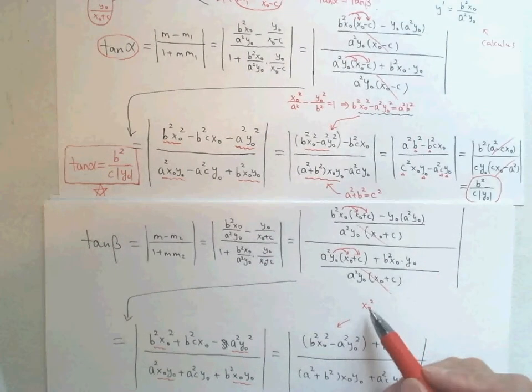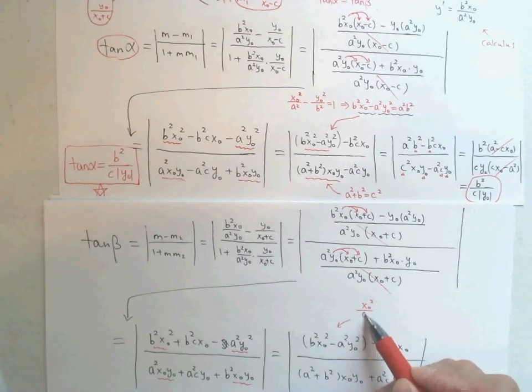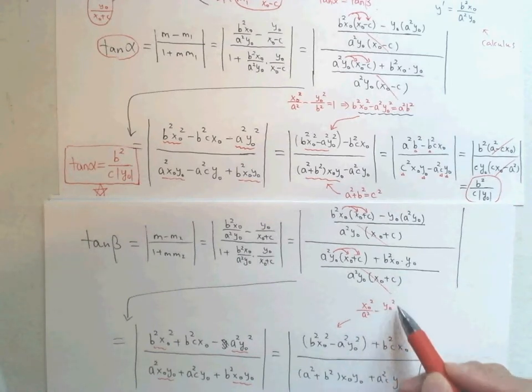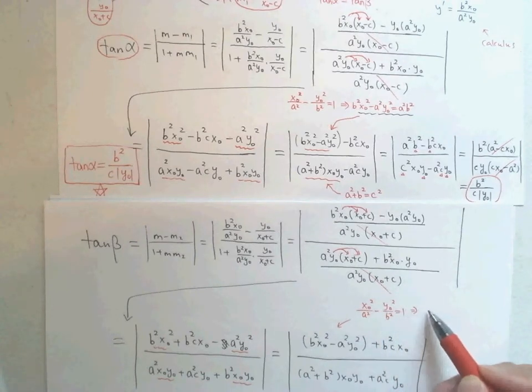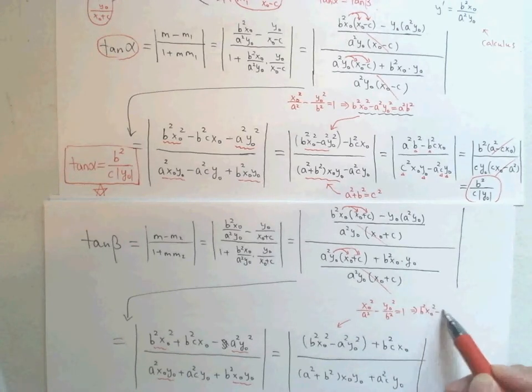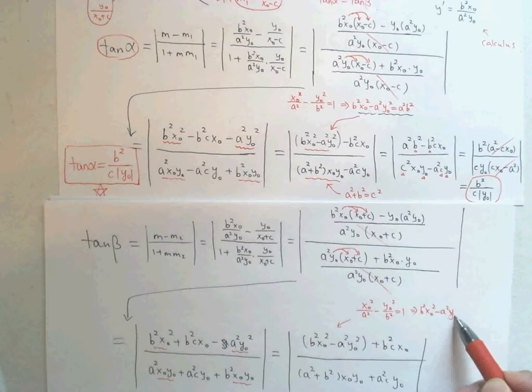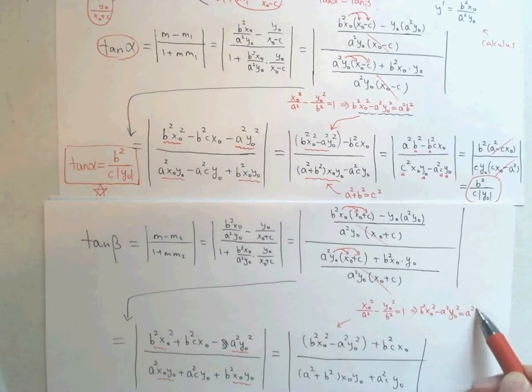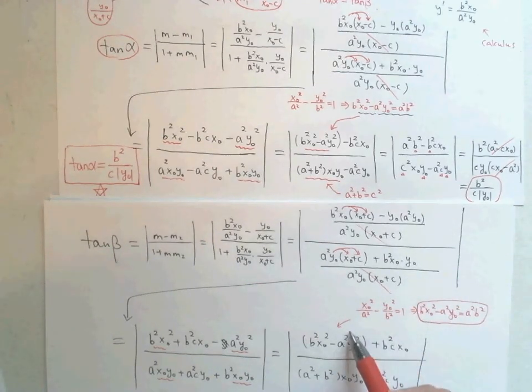The point P is on the graph, which means x0 square over a square minus y0 square over b square equals 1. This means b square x0 square minus a square y0 square equals a square b square, after you cancel the denominator. We used it before, so I put it here again.